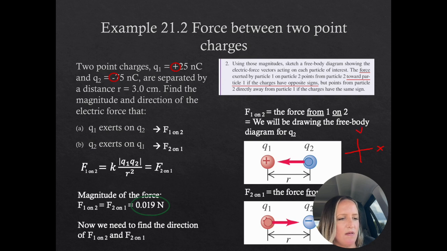There's a Y. So the direction of F1 on 2 is going to be in the negative i hat direction. i hat is what we use to denote the x-axis. And the direction of F2 on 1 is going to be in the positive i hat direction. Sometimes I say x. Positive i hat direction. Okay? So the magnitudes of those two forces are the same, but the directions are different, right? Because it depends on the frame of reference. Which charge are we talking about?